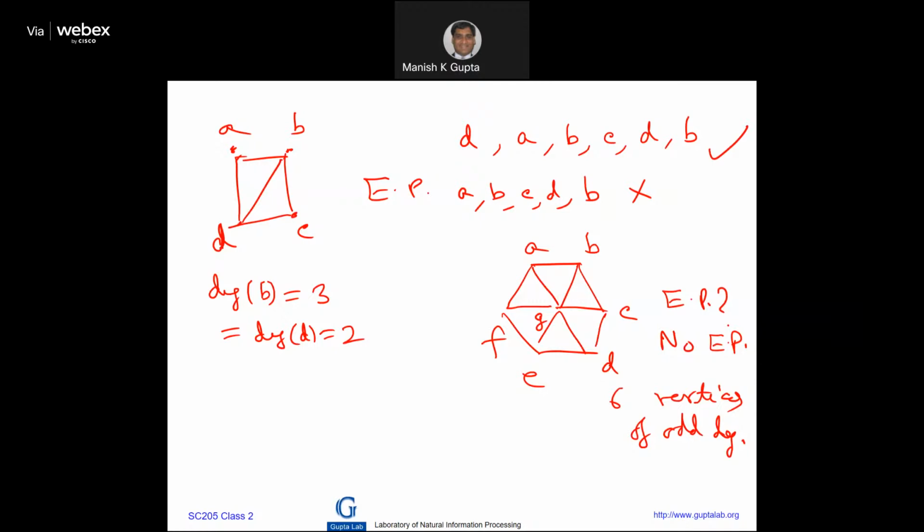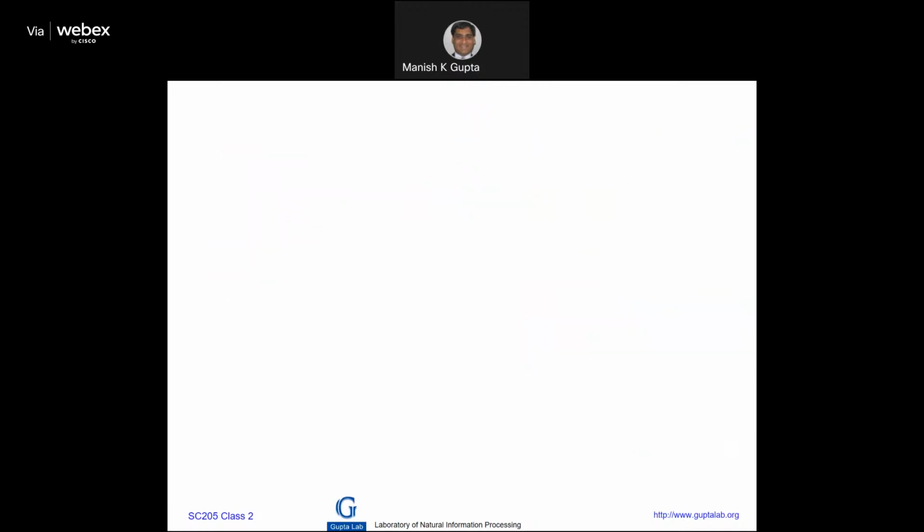Now we can look at a Hamiltonian path or Hamiltonian circuit. Look at the graph A, B, C, D, E. This graph has a Hamiltonian circuit.